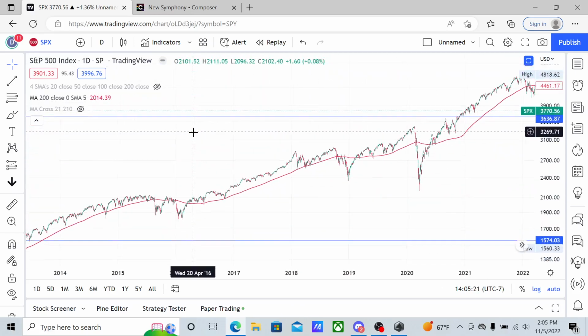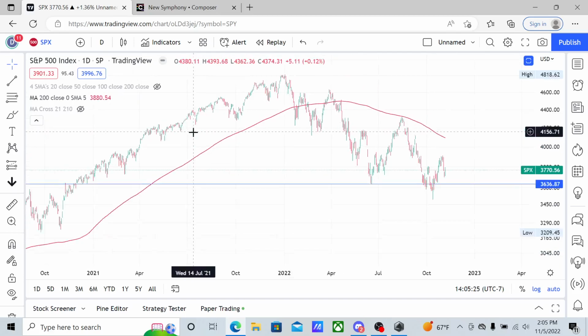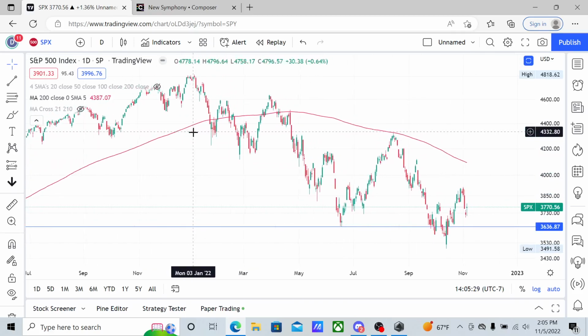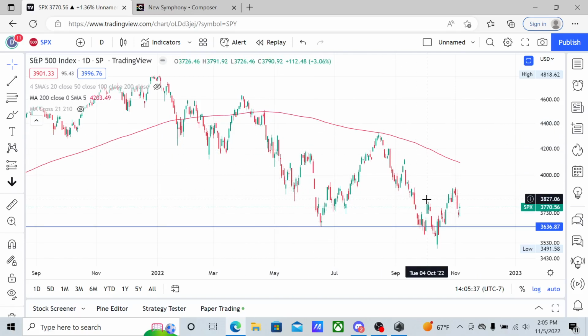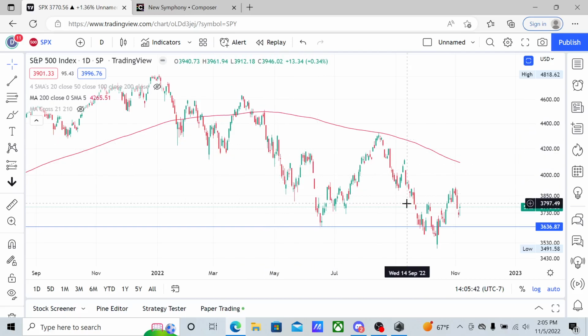What you can also do, if you want to improve on your strategy, is look at a shorter period of time and say, okay, now that the S&P 500 is below the 200-day moving average, how can we capitalize on it? How can we continue to make money as the market is declining, and we don't have to just be buying long positions in the market?